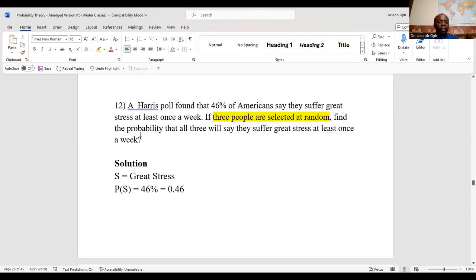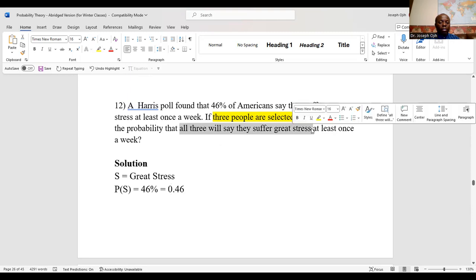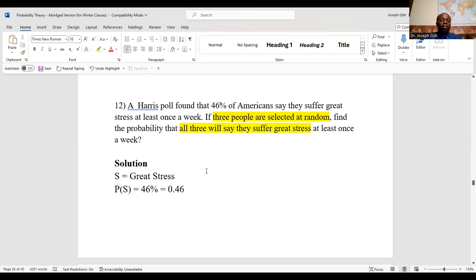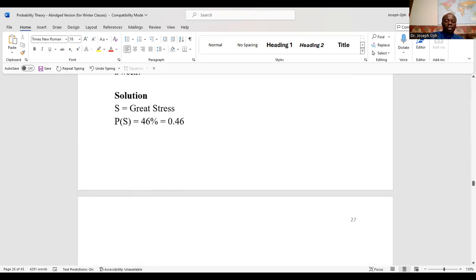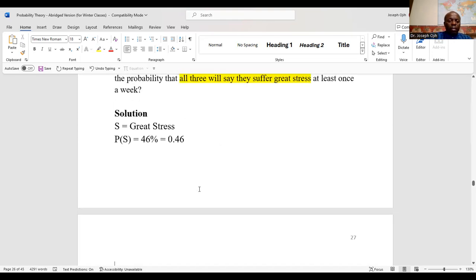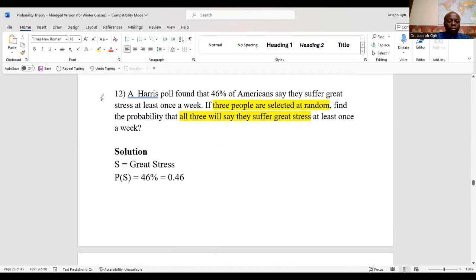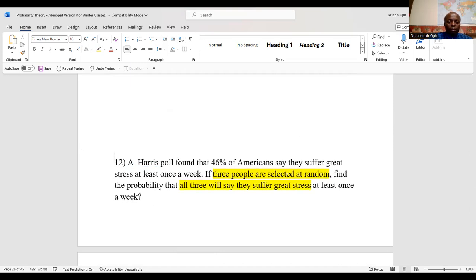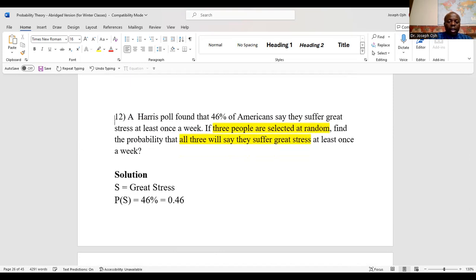To find the probability that all 3 will say they suffer great stress. Okay? So that means we have this for general. So for 3 people, let me bring this up so we have enough room.